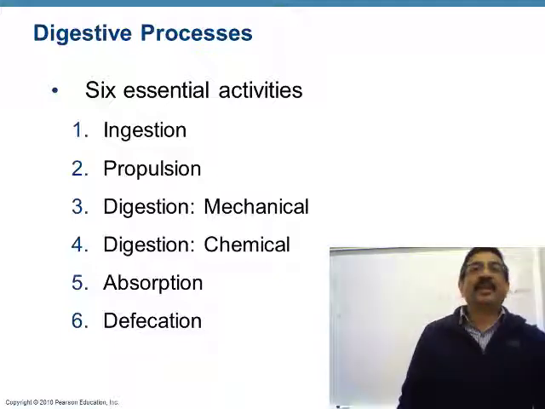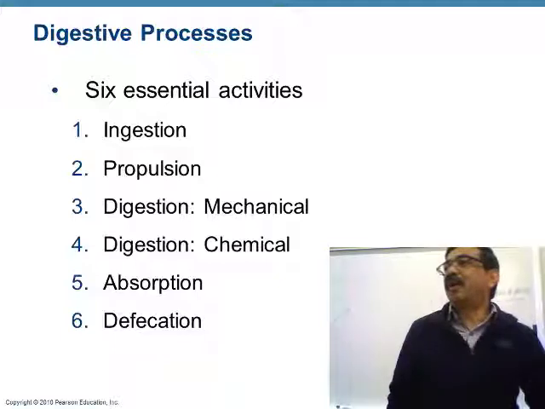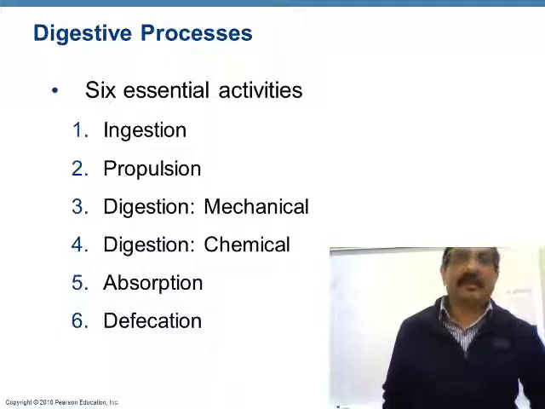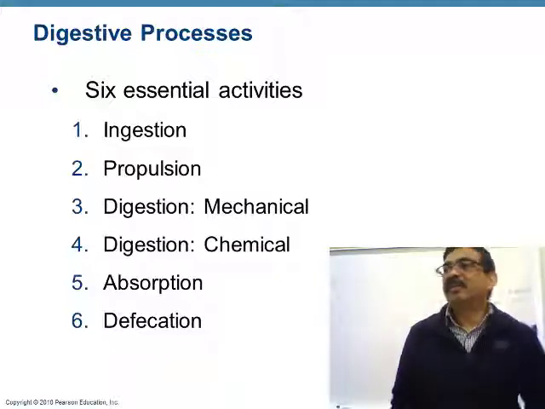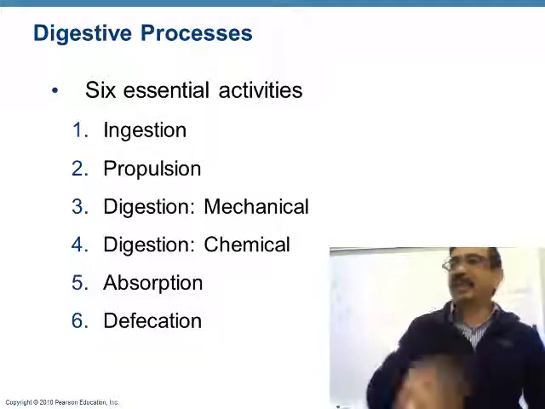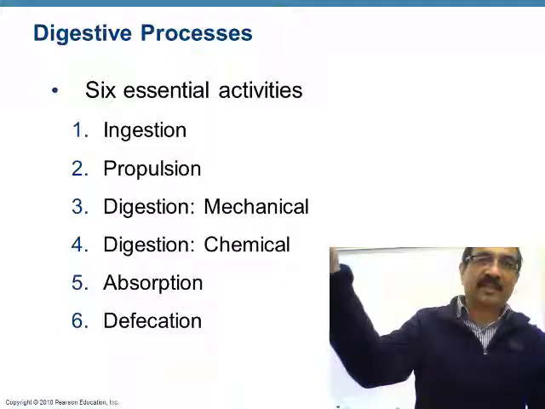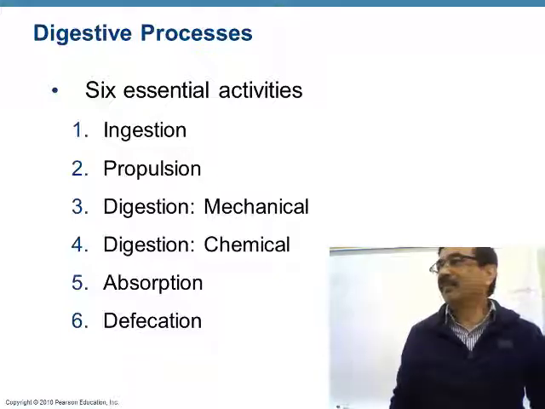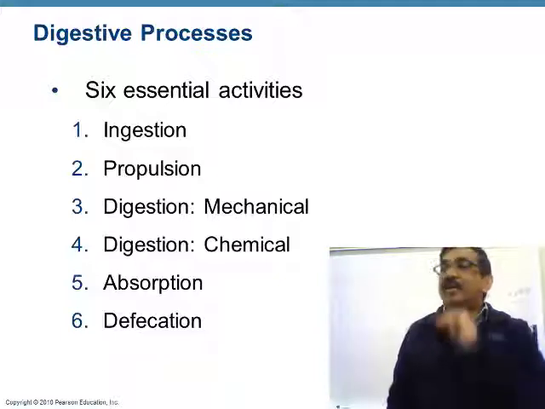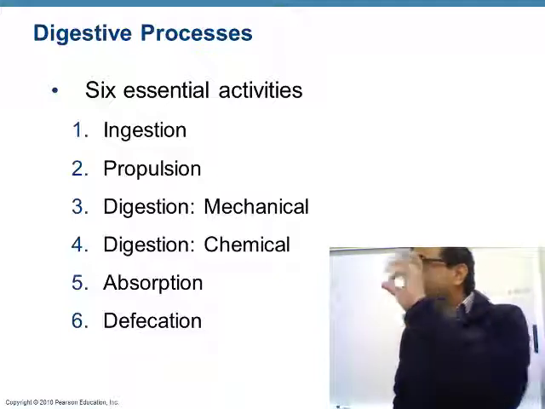Digestion could be mechanical or chemical. You know, after you put the food in your mouth, salivary secretion occurs, right? Salivary secretion, and saliva has the chemicals that will break the food. Also, what you do, you chew the food.